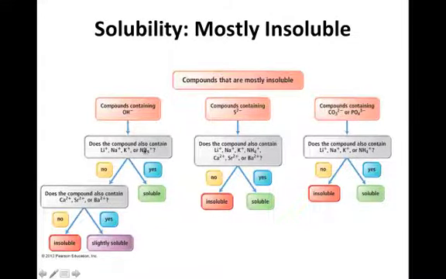Again, our lithium, sodium, potassium, and ammonium for hydroxide, those will be soluble. They will be insoluble unless it's calcium, strontium, or barium, and then it's what we call slightly soluble. Otherwise, it's insoluble. For carbonate and phosphate, we have, does the compound contain lithium, sodium, potassium, or ammonium? Because those are always soluble. If it doesn't, then it's insoluble.